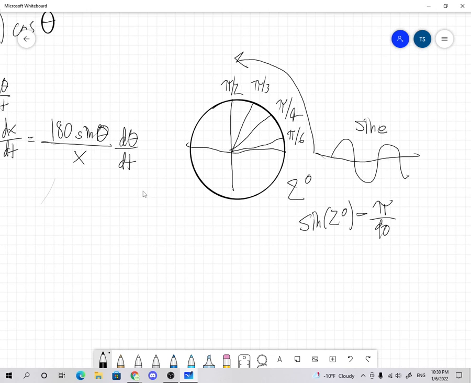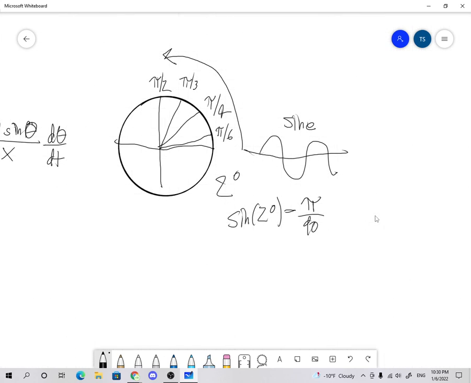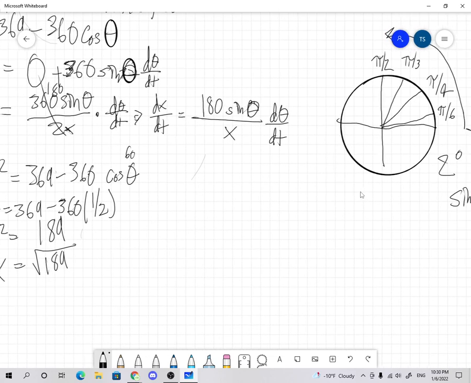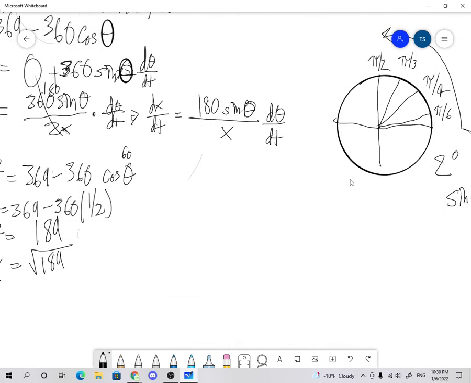Alright, so now we know essentially what d theta dt is in terms of radians, and we know our x value. So now we're going to just do a good old-fashioned plug in. dx over dt is equal to 180 sine of 60.